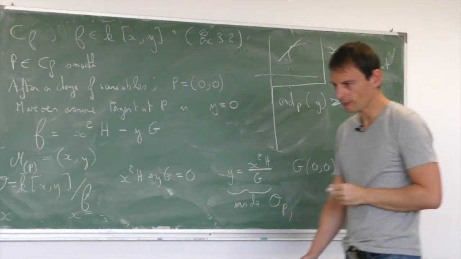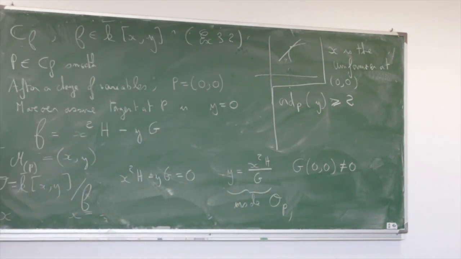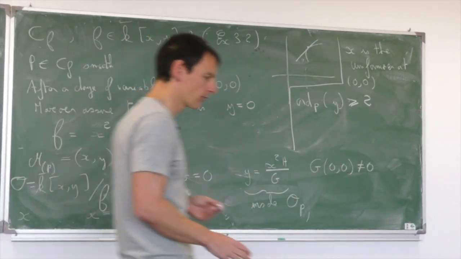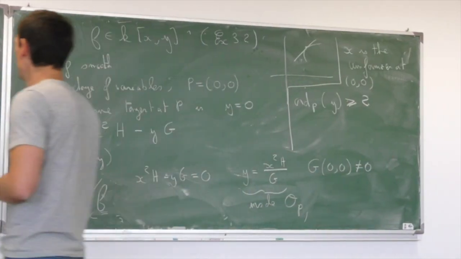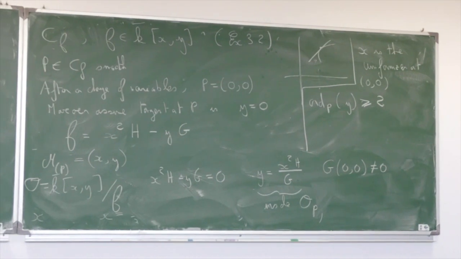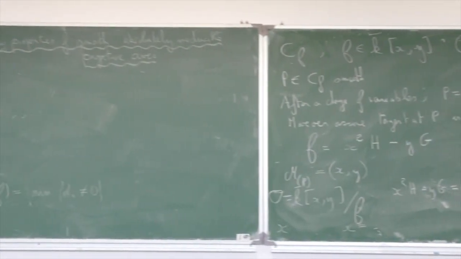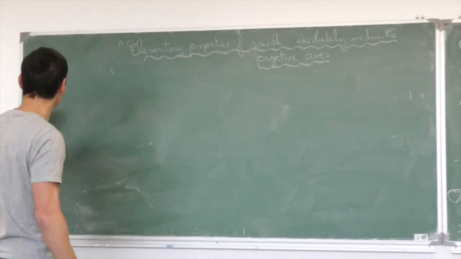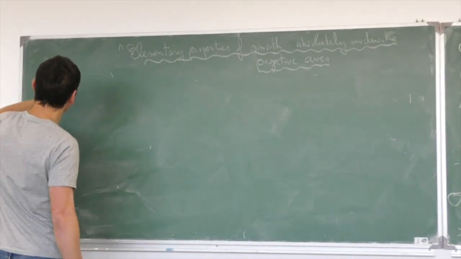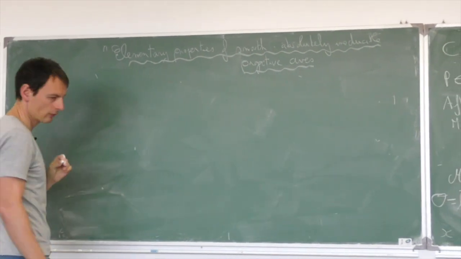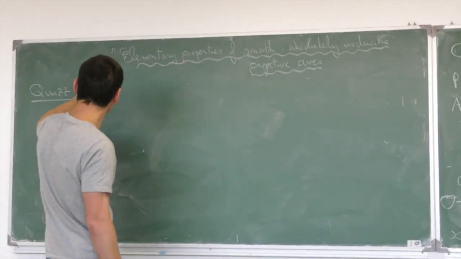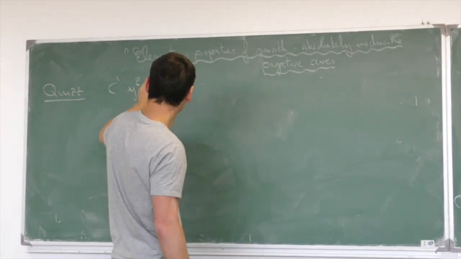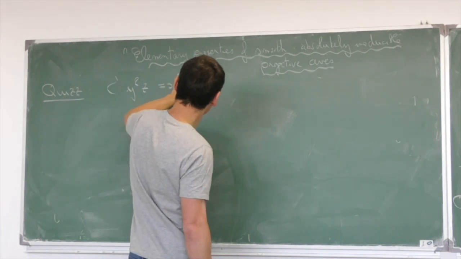OK. So those were the two examples that I wanted to show you. And as a quiz for you, you can try yet another example. Let's say it's still a plane curve. So consider the curve C: y squared z equals x cubed plus z cubed.